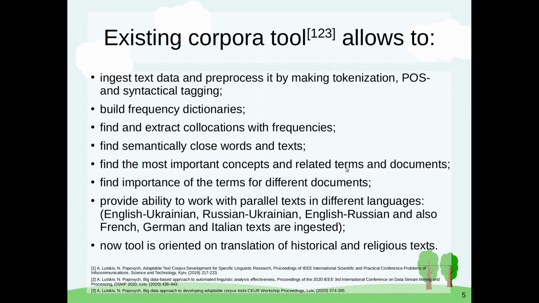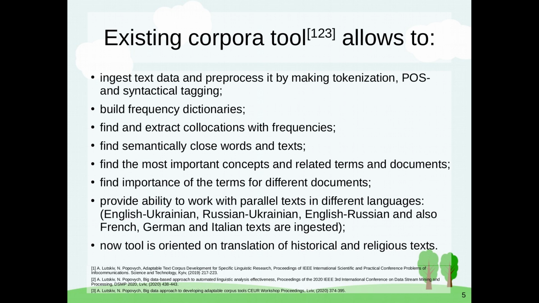At first, the existing corpora tool, which is described in our work, allows ingesting text data and preprocessing it by making tokenization, part-of-speech and syntactic tagging. It builds frequency dictionaries, finds and extracts collocations with frequencies, finds semantically close words and texts, finds the most important concepts and related terms and documents, and finds the importance of the terms for different documents.